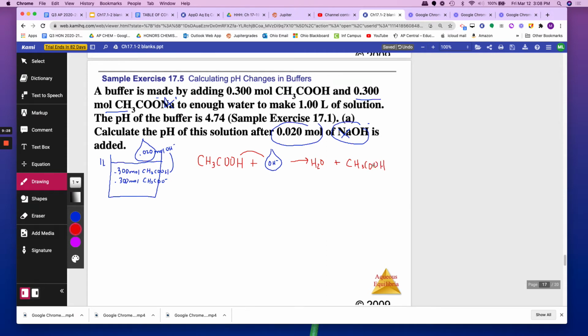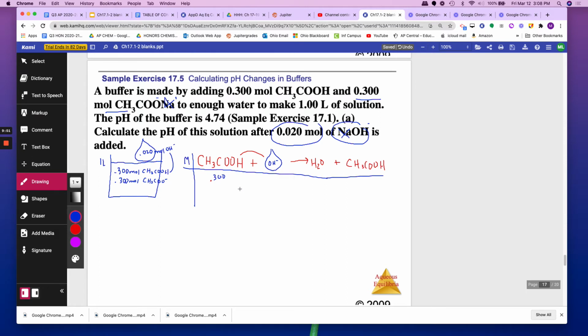Okay, so now we're going to set up the ICE box. In the beginning, how much do you have? I'm going to use molarity here, okay, because moles over liters. I have 0.300 moles for every 1 liter. That is, I'm going to use molarity.